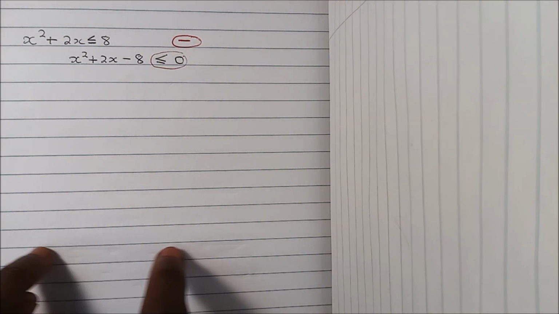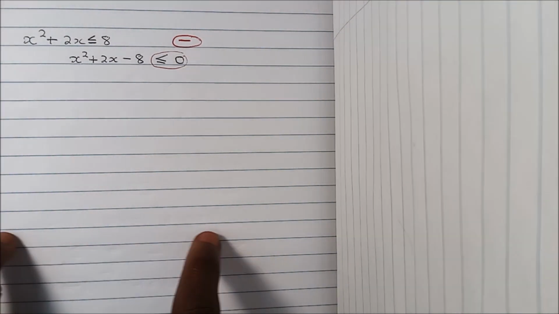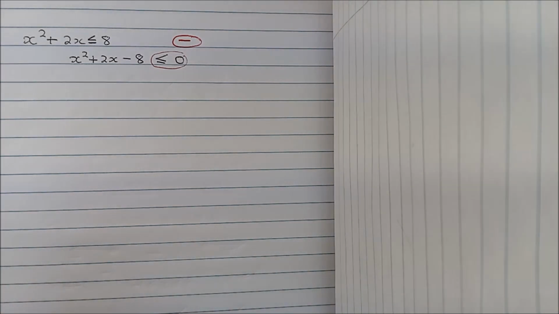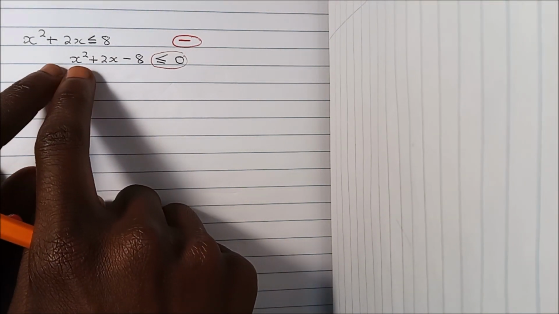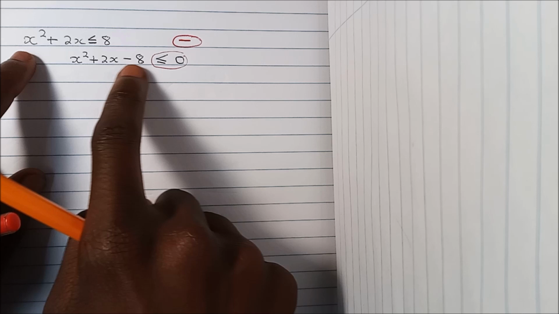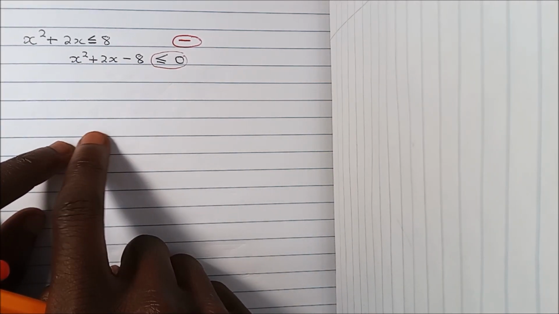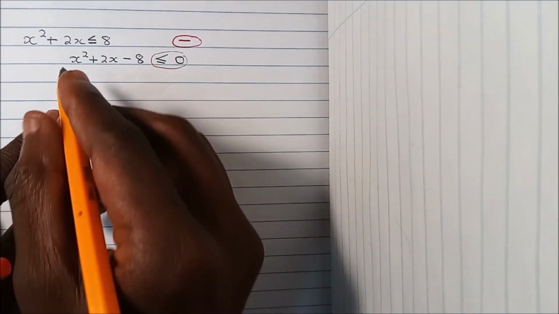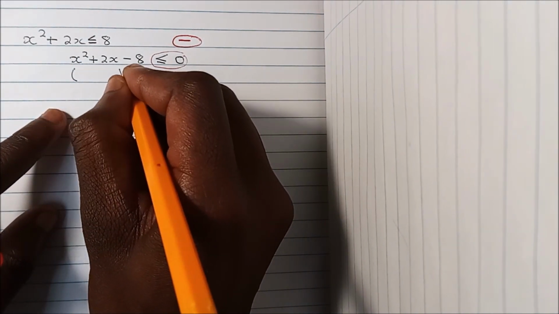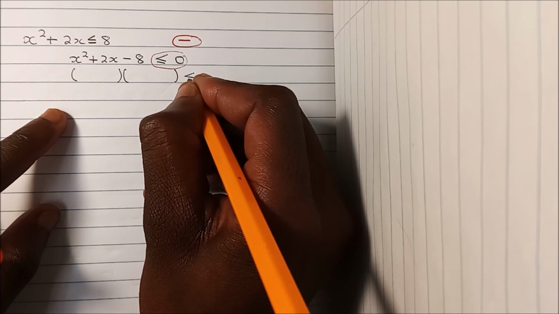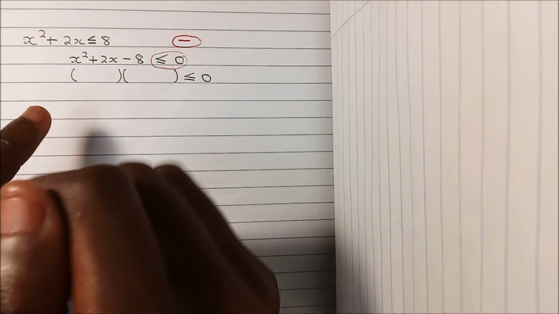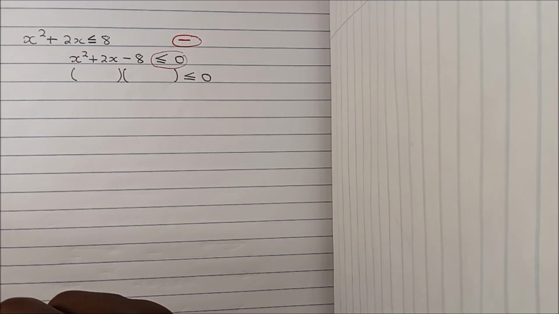You will know that at your final answer, you will focus on negative. So now let's go. I said you can use the quadratic formula to solve for x here, and those values of x, you name them as your critical values. But I will factorize. Don't worry, use the quadratic formula and get those values of x and call them your critical values.